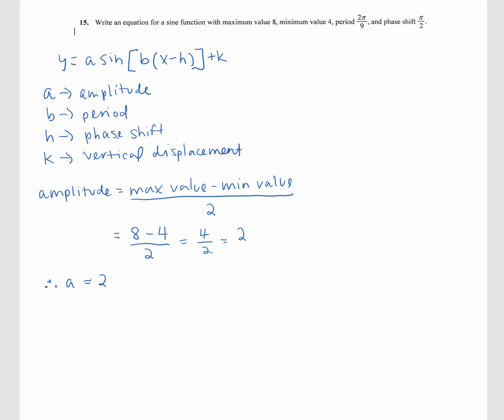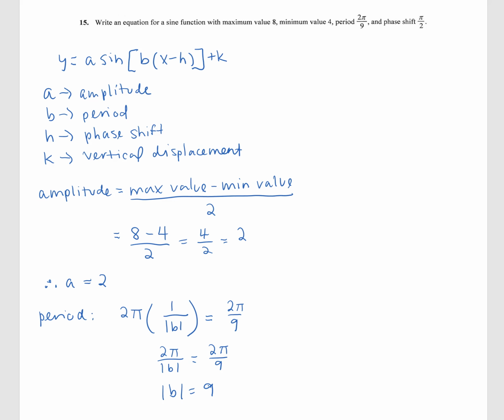The normal period 2π is multiplied by 1 over the absolute value of b to equal the new period. We know that the period of our function is 2π/9, so 2π over the absolute value of b has to equal 2π/9, and so the absolute value of b must equal 9.